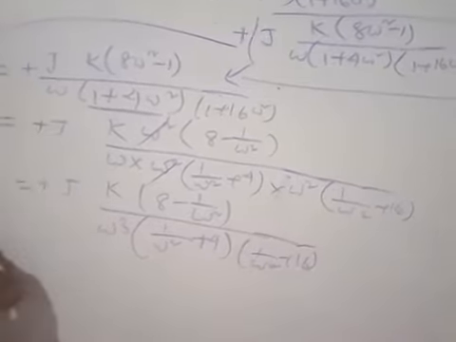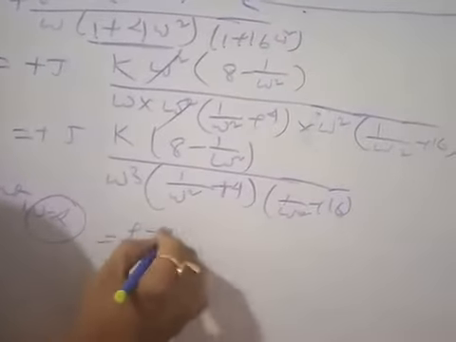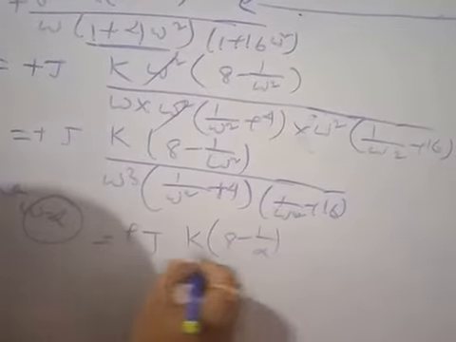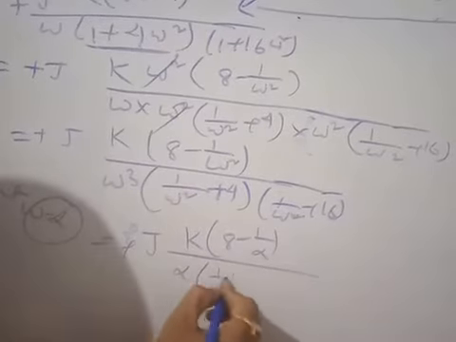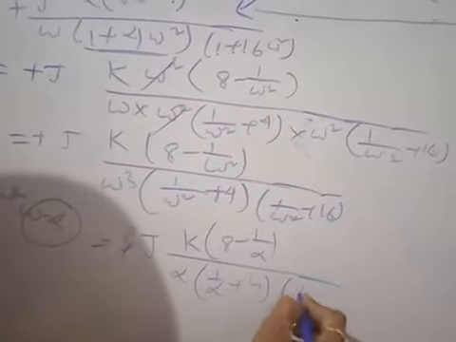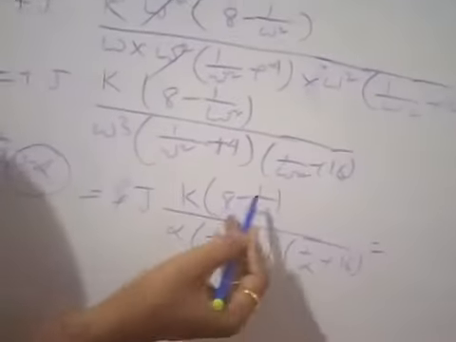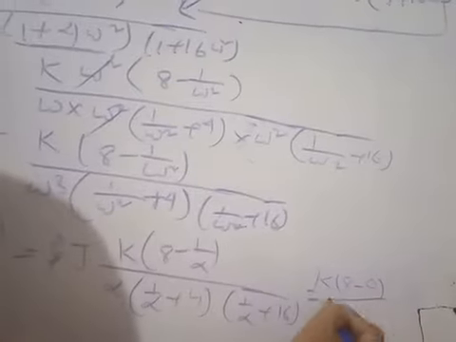Now put the value of omega equal to infinity. What you will get? This is plus j k (8 minus 1 by infinity) divided by infinity times (1 by infinity plus 4) and (1 by infinity plus 16). That is equal to k into (8 minus 0) by infinity.